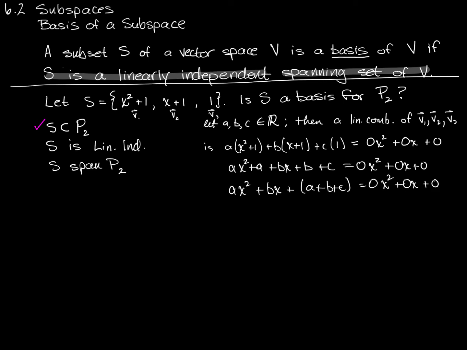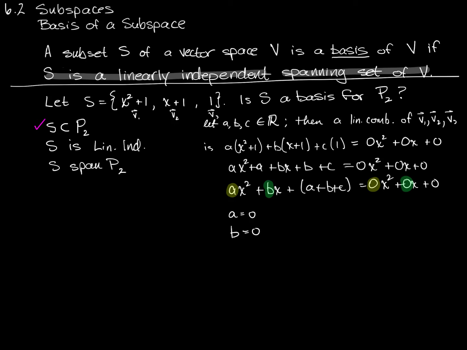And then by comparing the coefficient of x squared on both sides, it's clear that a has to equal 0. And then I'll compare the coefficient of x on both sides, and it's clear that b has to equal 0.